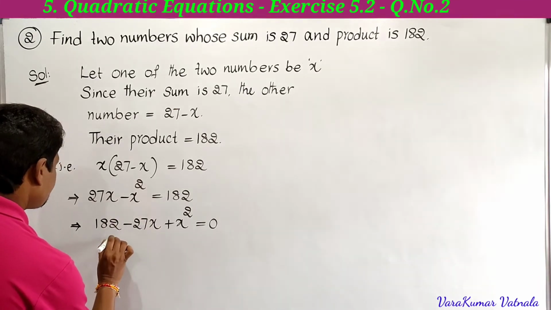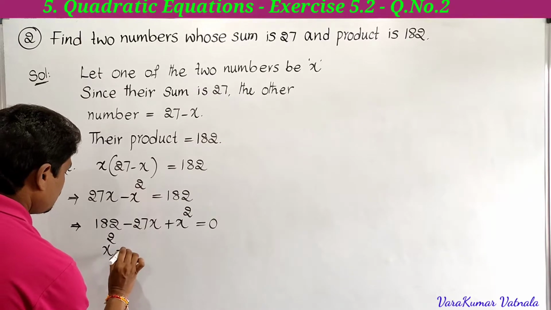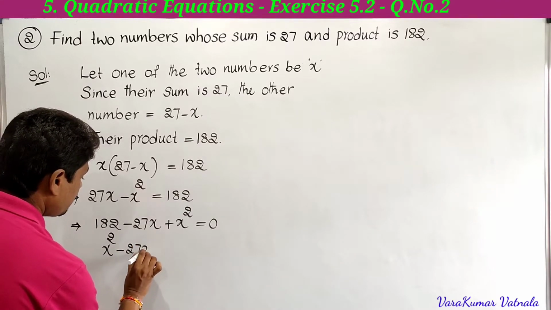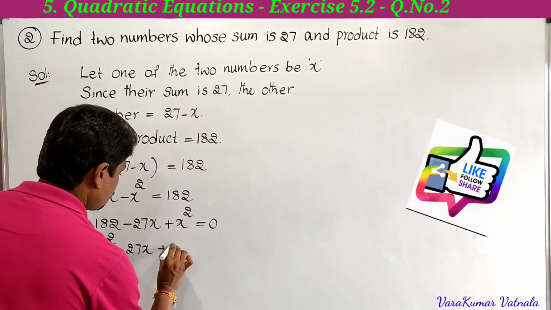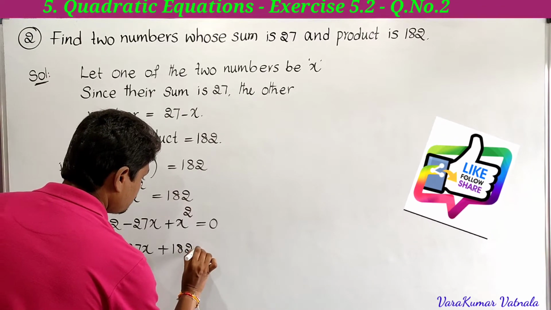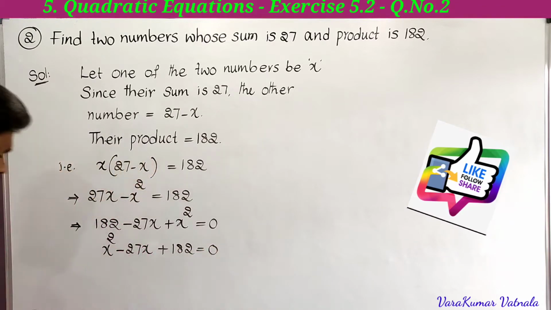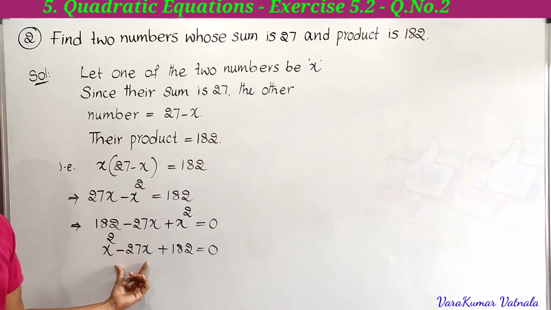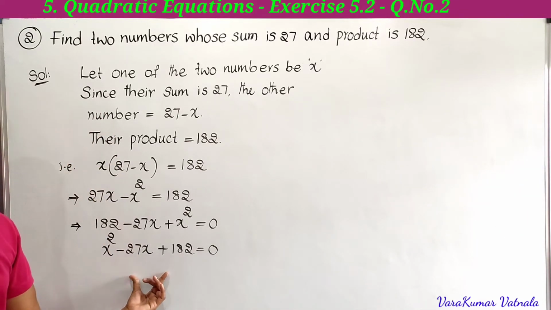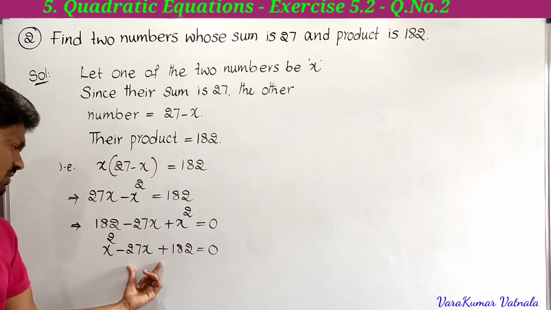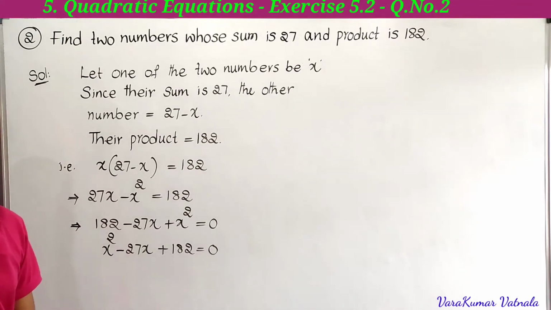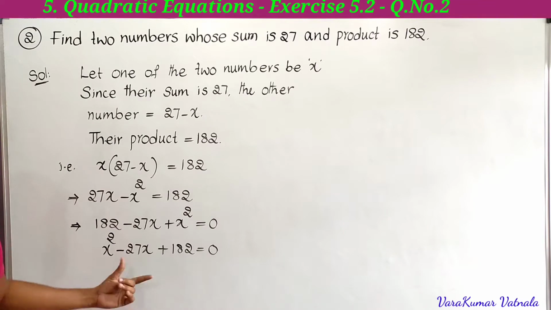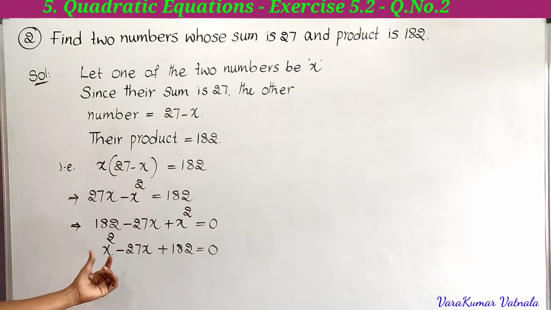Rearranging the terms: x square minus 27x plus 182 equal to 0. From the given situation we have formed a quadratic equation. Now we have to solve by factorization.